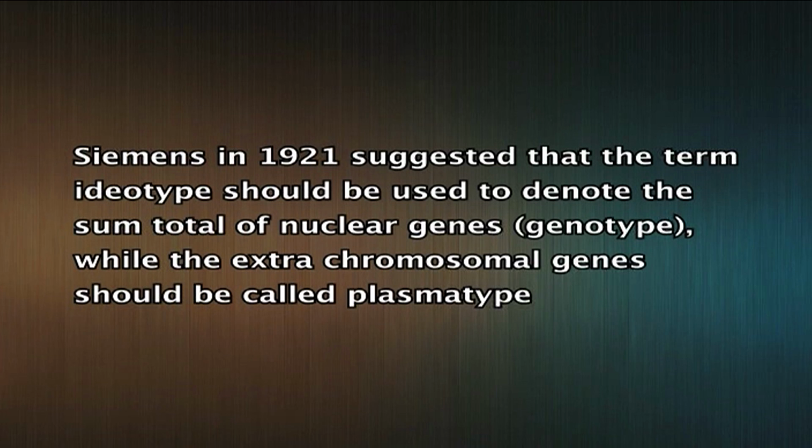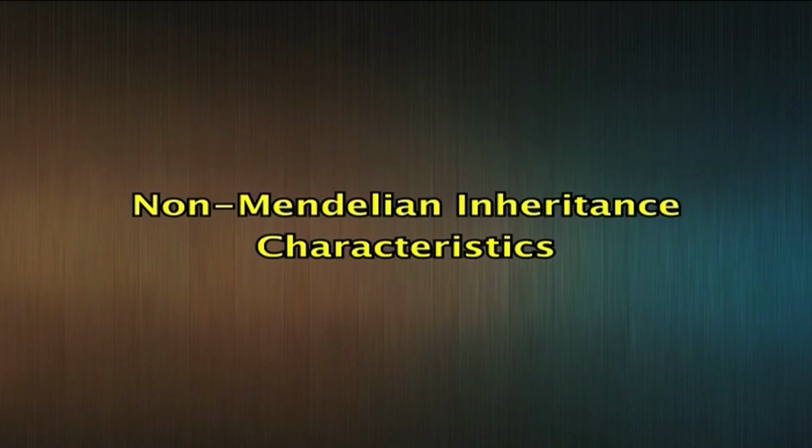Simons in 1921 suggested that the term idiotype should be used to denote the sum total of nuclear genes, while the extrachromosomal genes should be called plasma type. Extranuclear genes display non-Mendelian inheritance, which has four characteristics.